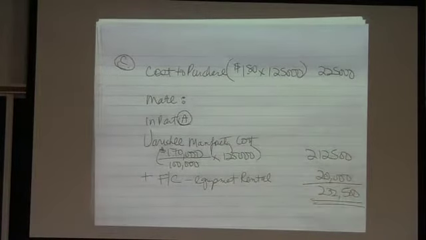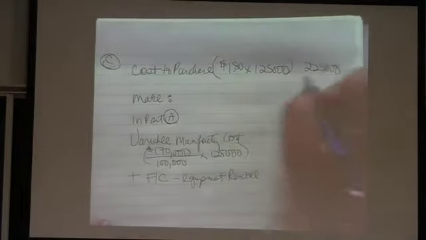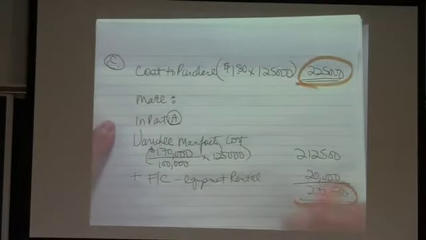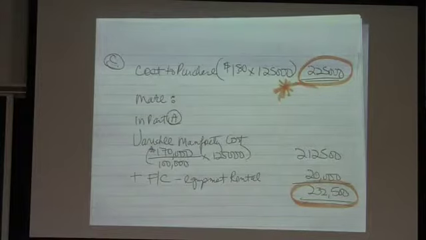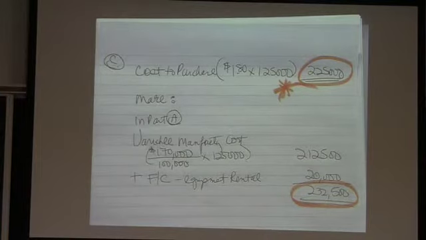So now we're faced with which is better, right? Cost to purchase is better, isn't it? We're comparing these two. This is now better. So in this case, we would recommend that the company buy in Part C.